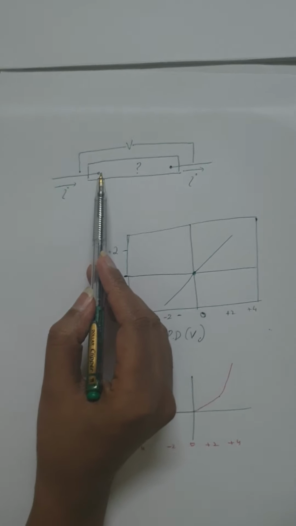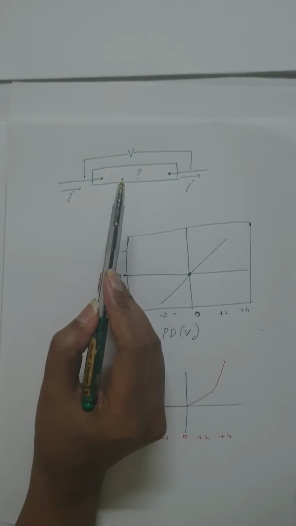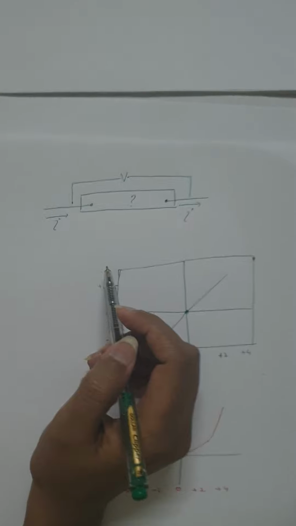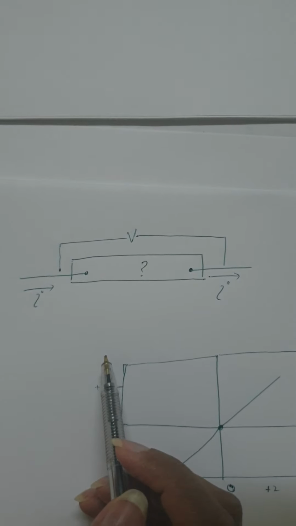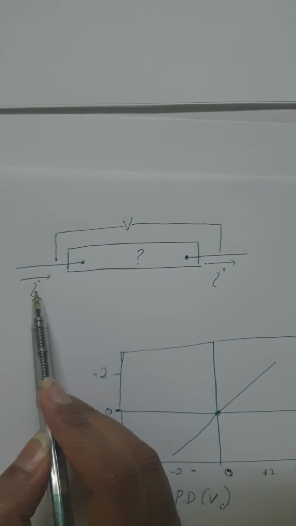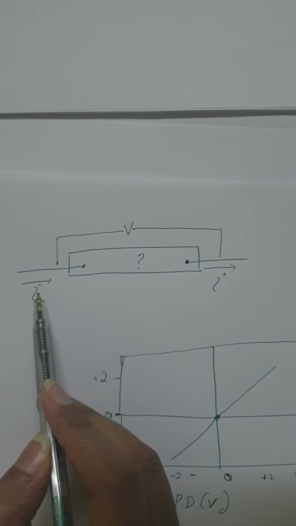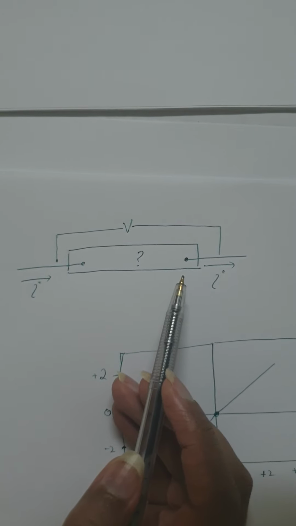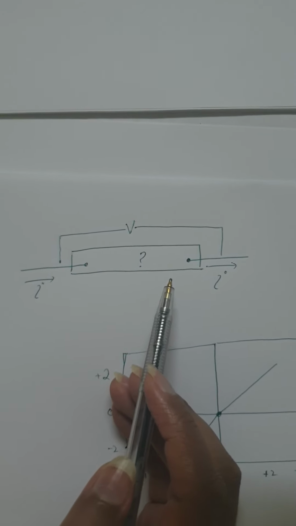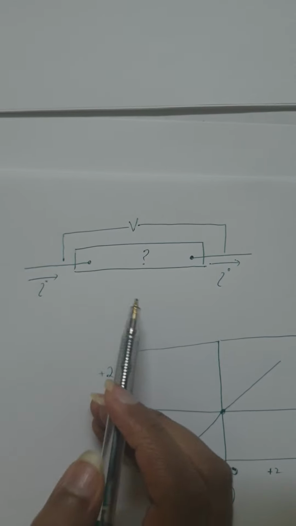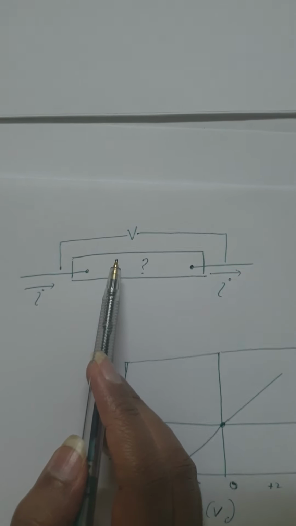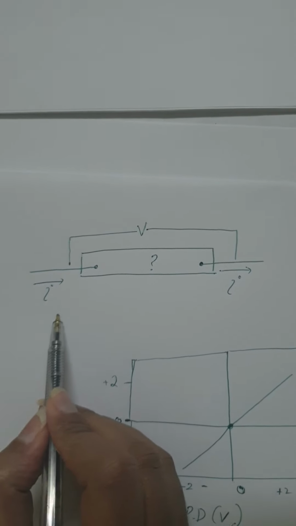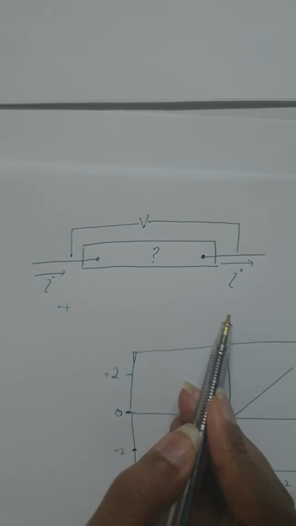A potential difference is applied across a device which we want to test, and then the resulting current through the device is measured as V is varied in both magnitude and polarity. The polarity of V is arbitrarily taken to be positive when the left terminal of the device is at a higher potential than the right terminal.